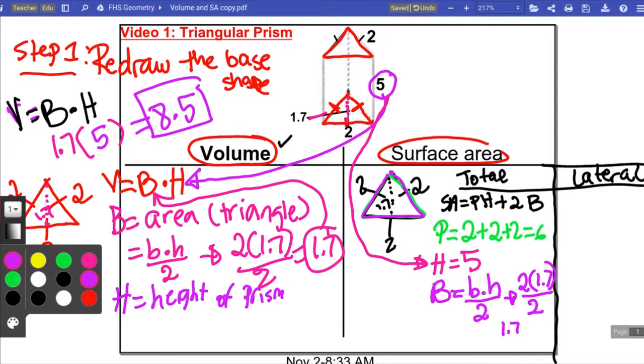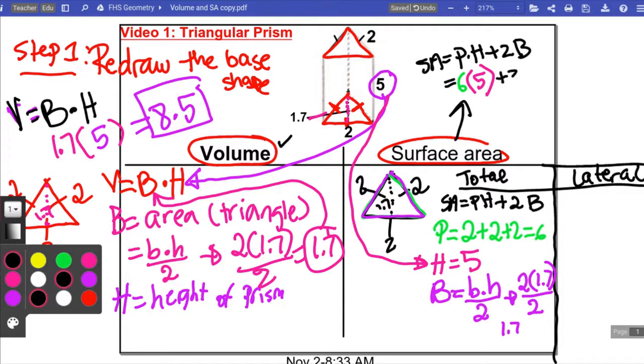All right, let's plug this whole thing in. I'm running out of room, so I'm going to bring it right here on top. The surface area formula was P times big H plus 2 times big B. So let's put all the information in. Green was the perimeter, 6. Pink was the big height, 5. Plus 2 times big B, which was 1.7.